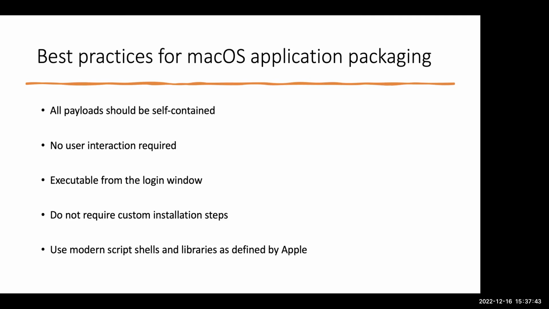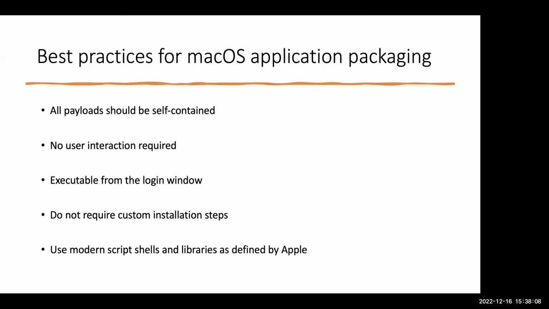First one is all payload should be self-contained. This is recommended, I would say: the application installer should contain all the necessary contents within itself to fully install the application without the need to download resources from an external source.